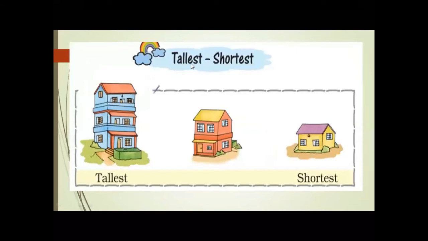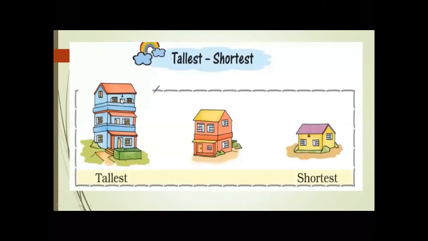Now, let's discuss the tallest and shortest. Again, we are discussing more than two objects. Whenever we discuss more than two objects, we use the terms tallest and shortest.